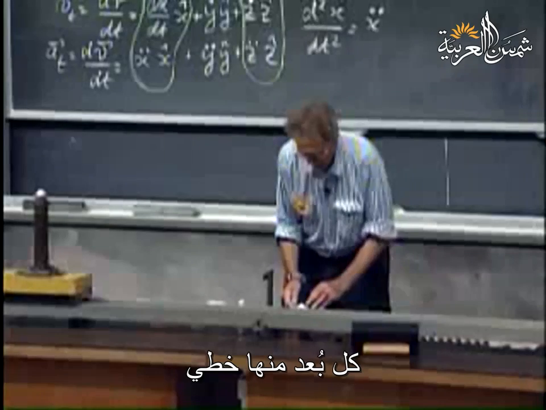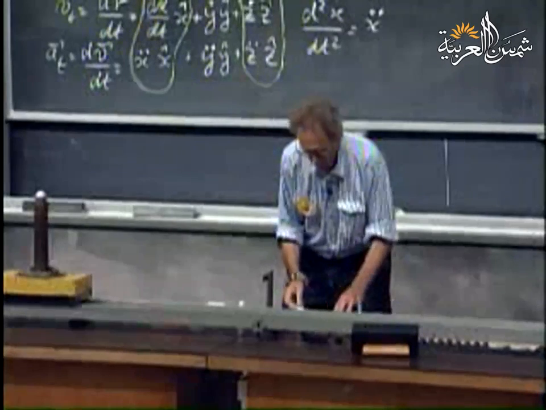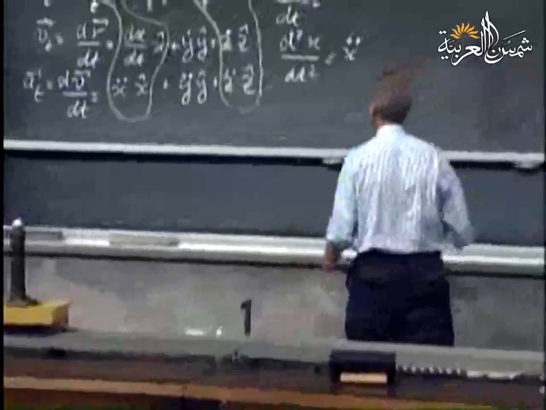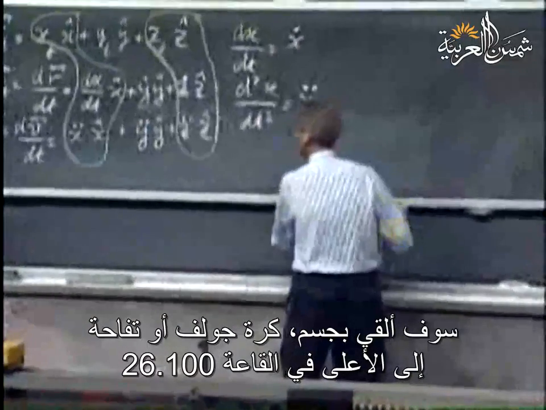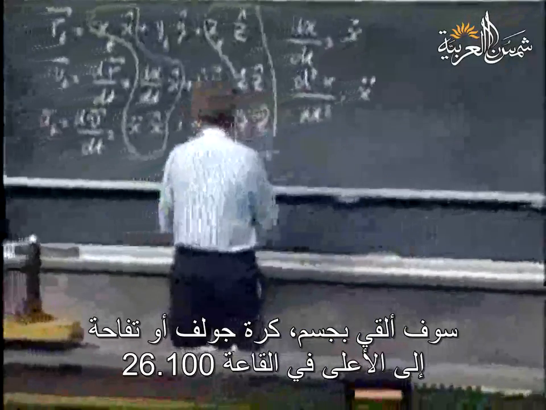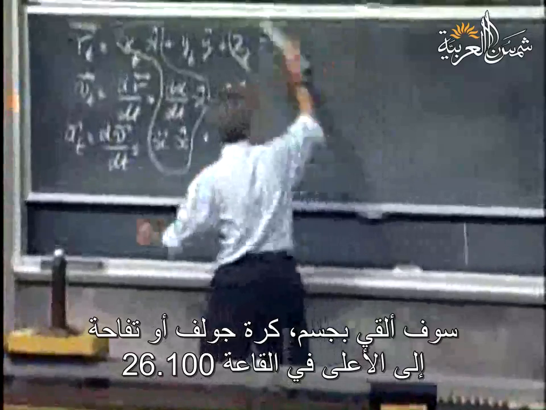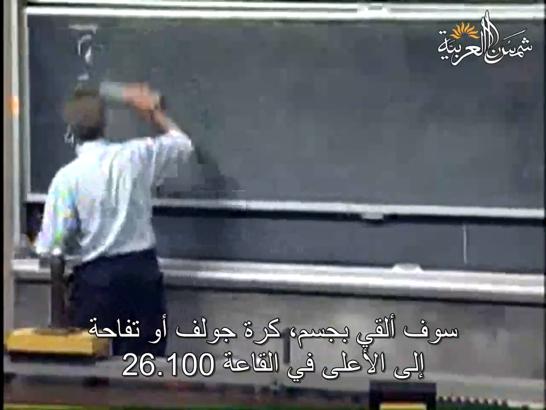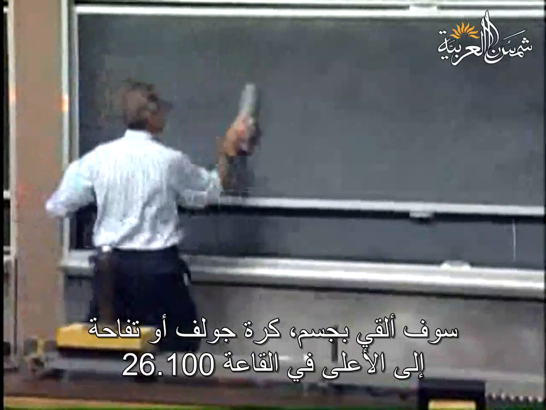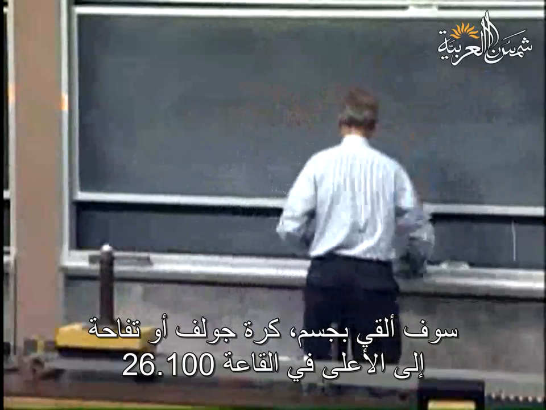Each of them are linear. And that's what I want to do now. I'm going to throw up an object, a golf ball or an apple, in 26/100.